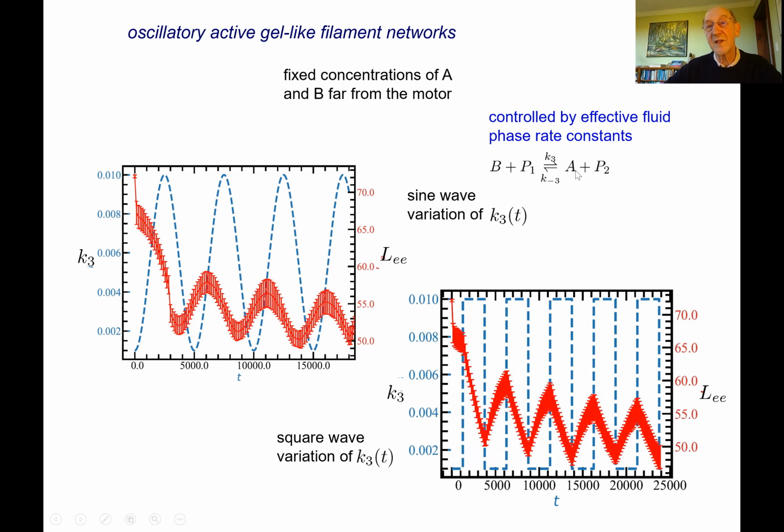If I make these reaction rates oscillate, I oscillate the constraints. And this is a plot of, again, the average end-to-end length in the network, and you can see the oscillatory change in the network undergoing expansion and contraction. So these pictures are very reminiscent of what you saw for the active gels.